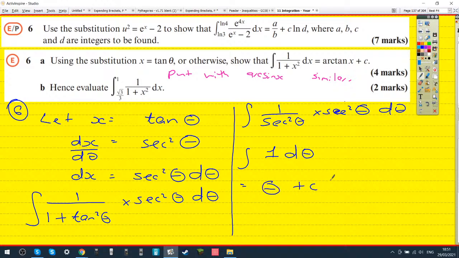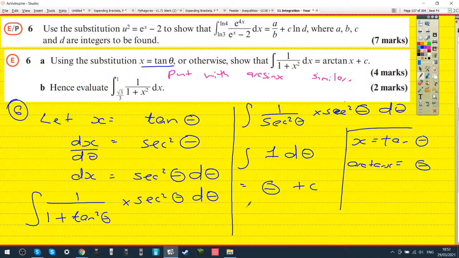Yeah. And now you can go back to the thing. And so now do I just sub in theta for tan theta? x equals tan theta, theta equals? Arctan x. Yeah.